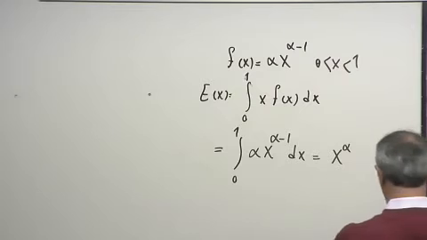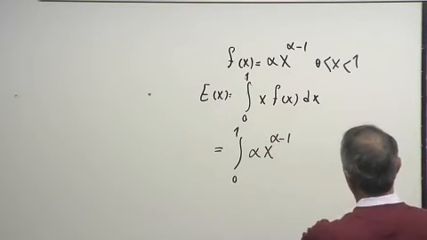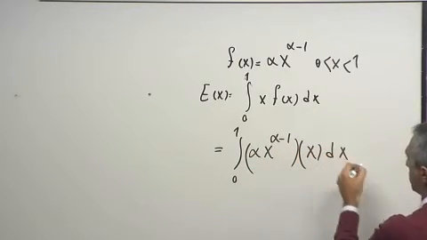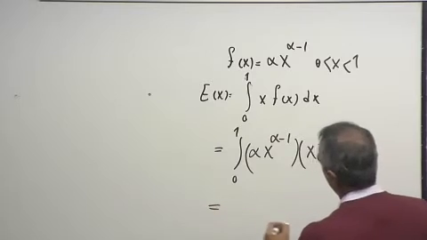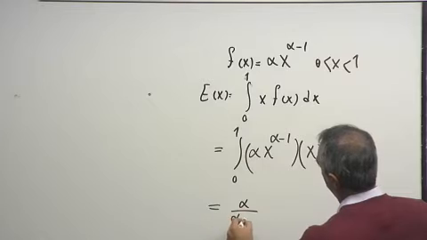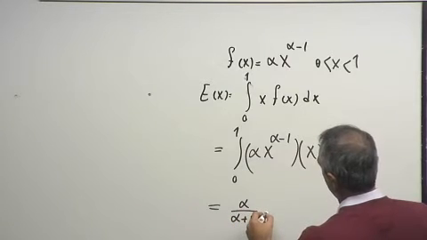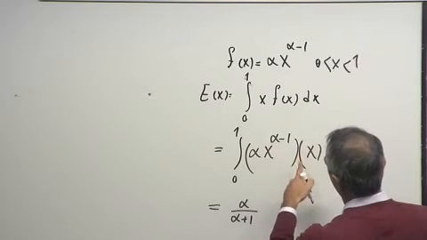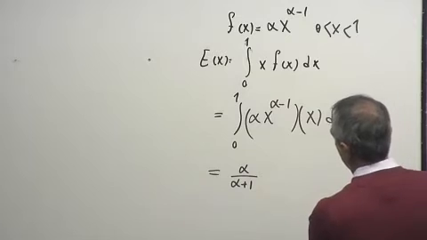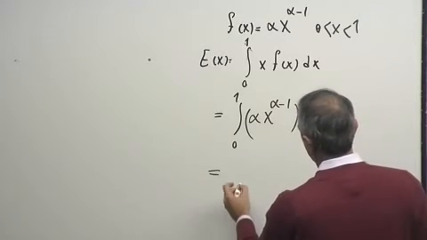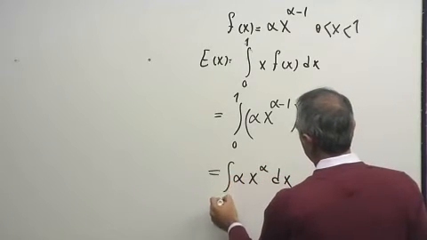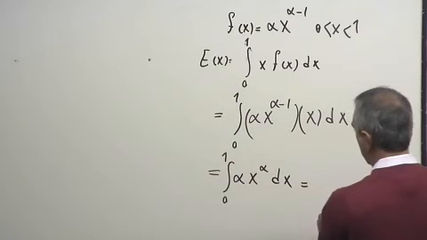Oh, yeah, I dropped. That's why I'm saying always double check what I do. This times x dx, which would be alpha over alpha plus 1. It's alpha x to the power of alpha dx, the integration of this guy.